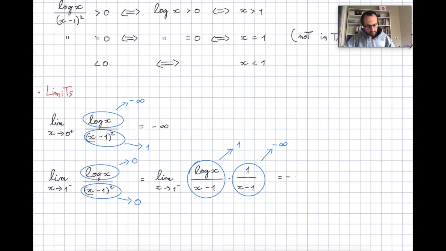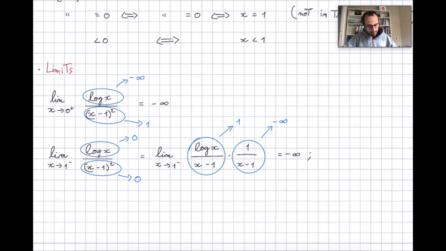This is minus infinity. For exactly the same reason, the corresponding limit as x goes to 1 plus of f of x is plus infinity. Why? Because this guy here still converges to 1, while this part here goes to plus infinity.